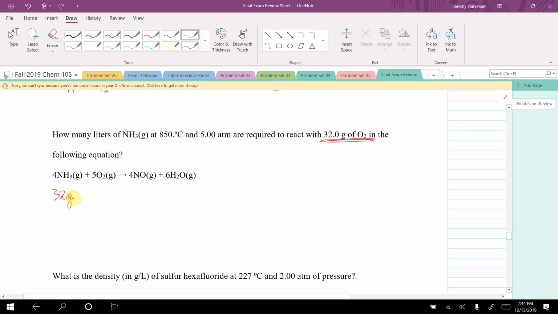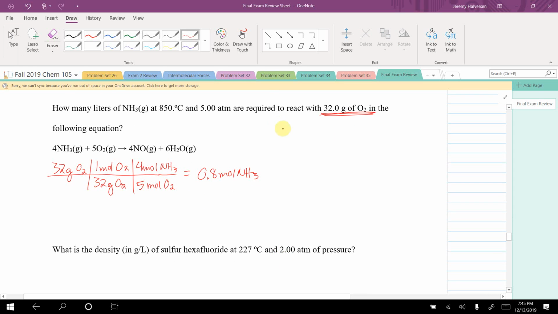So I would go. Oh, thank you. So if I want to react 32 grams of O2, that's how much ammonia I need. And I know that PV equals nRT.